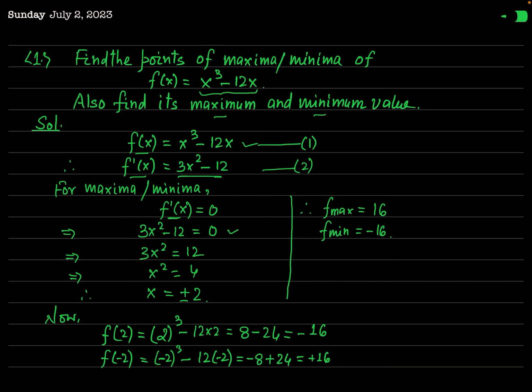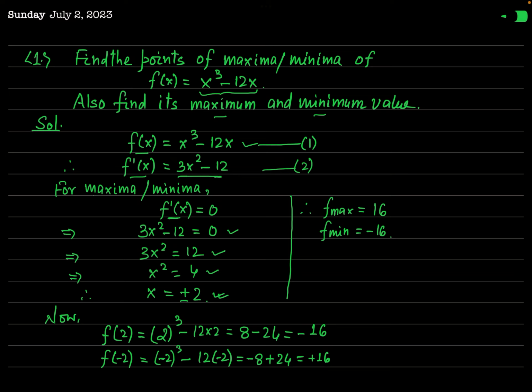And so you can say that 3x² = 12 and x² = 4, and so x will be equal to ±2. So there are 2 points, x = +2 and x = -2, where this function will be either maximum or minimum.